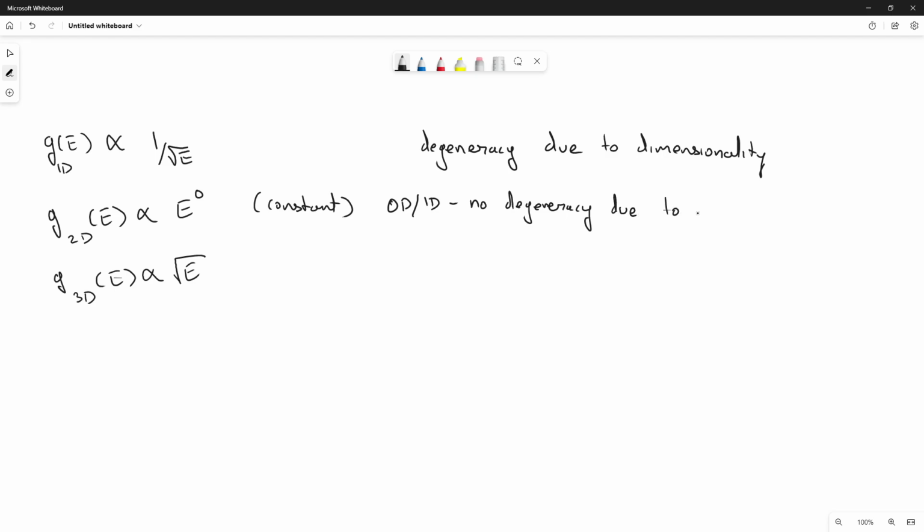So due to dimensionality, for 2D and 3D we have degeneracy. So that is the reason why the density of states takes degeneracy.